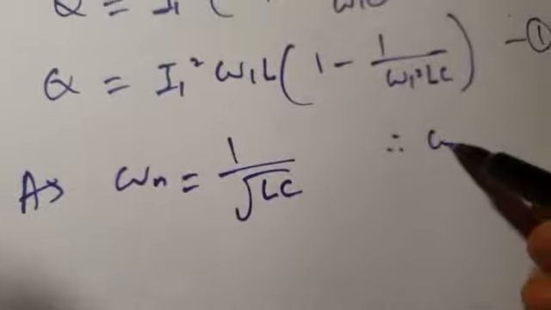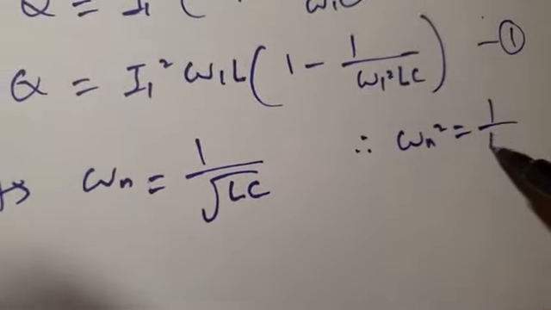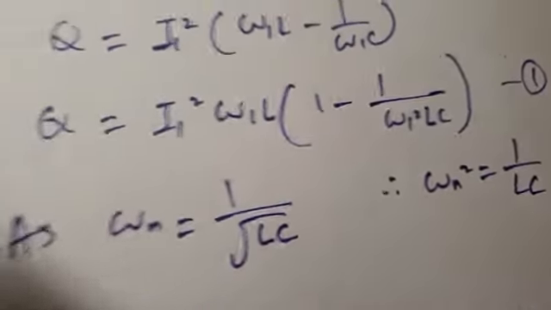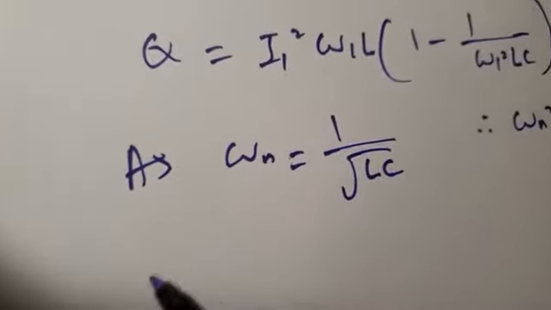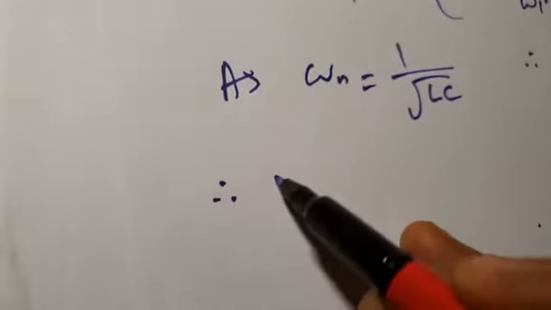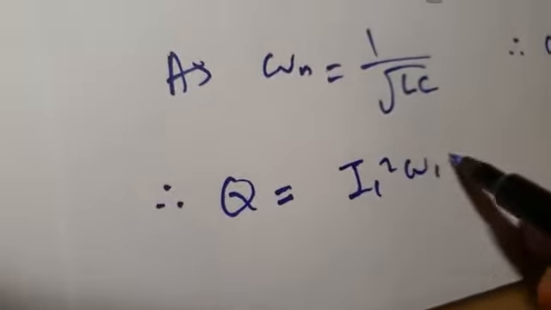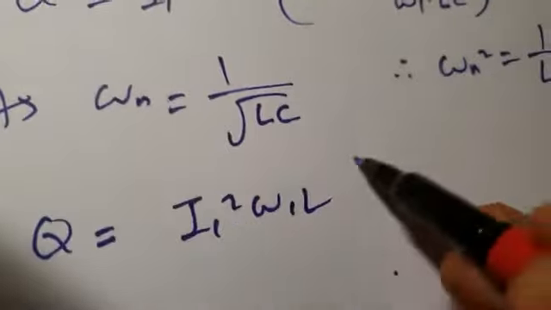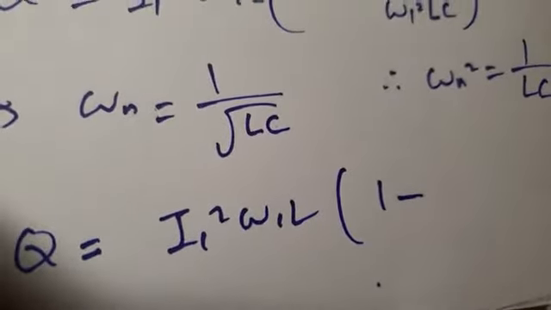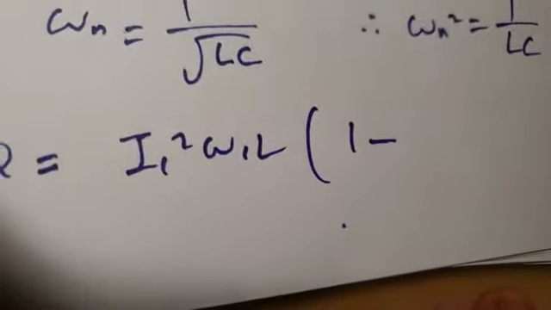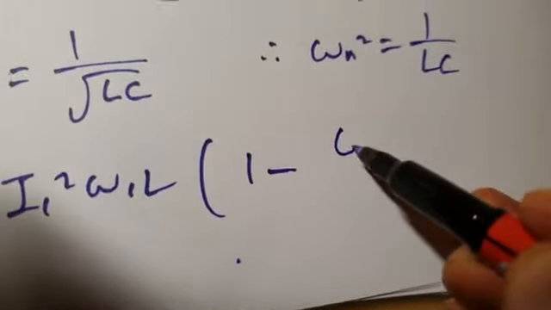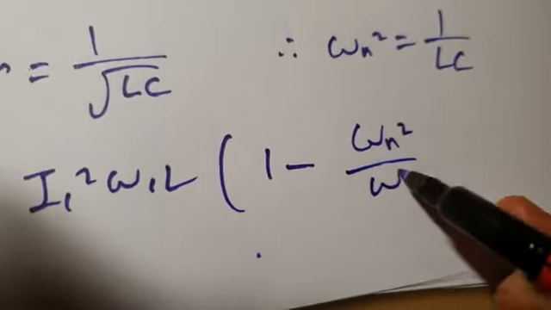Therefore omega n square is 1 by LC. So the reactive power generated is equal to I1 square omega 1 L from this equation, times 1 minus omega n square by omega 1 square.